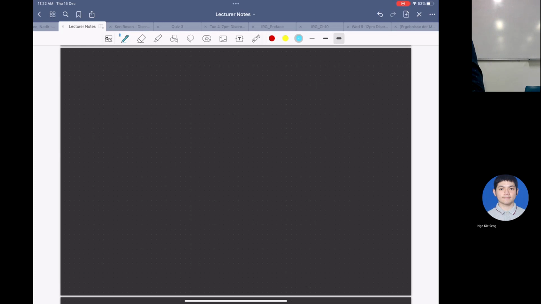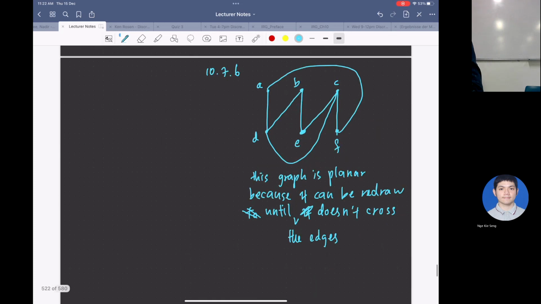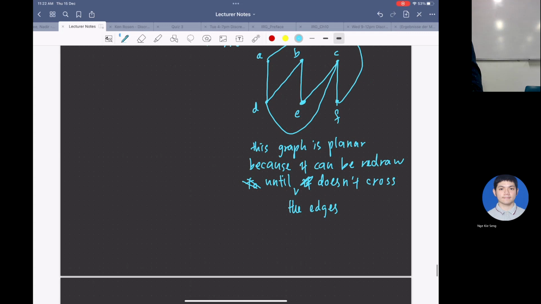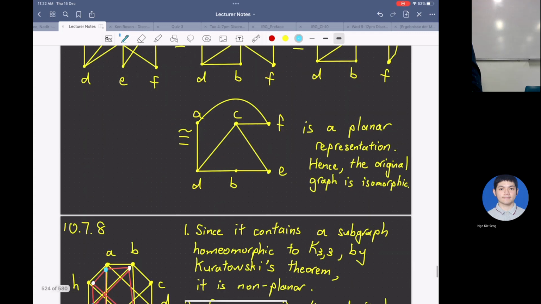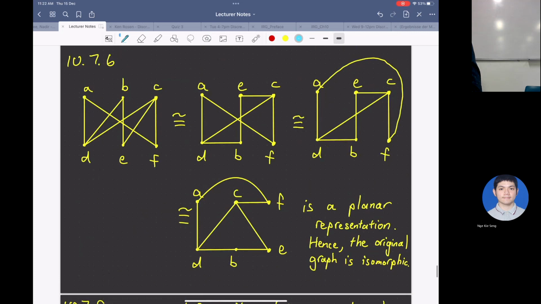For question A, there's no planar drawing, or there's no way to find one. So I just keep redoing it and we couldn't find it. It doesn't mean it doesn't exist. No matter how many times he draws, he cannot. So how?